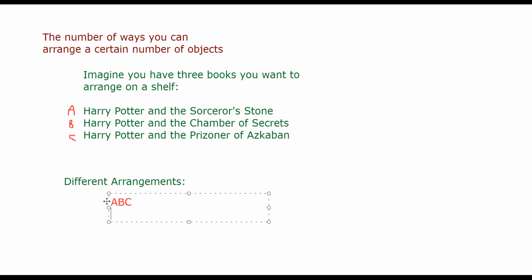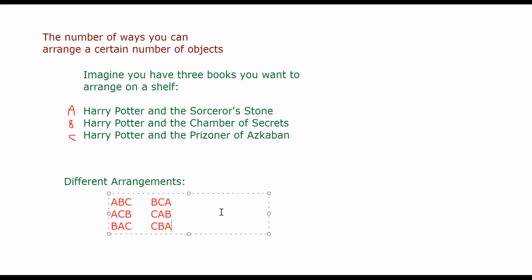But let's say you're bored. You could do ACB. Now you've already done the possibilities with A in front. Now you could do BAC. You could do BCA. You could do CAB, and then finally you could do CBA. You could do them in reverse chronological order for some reason at that last one.